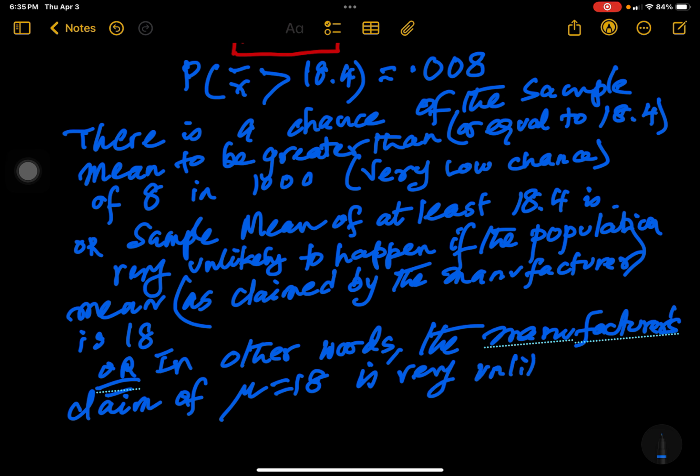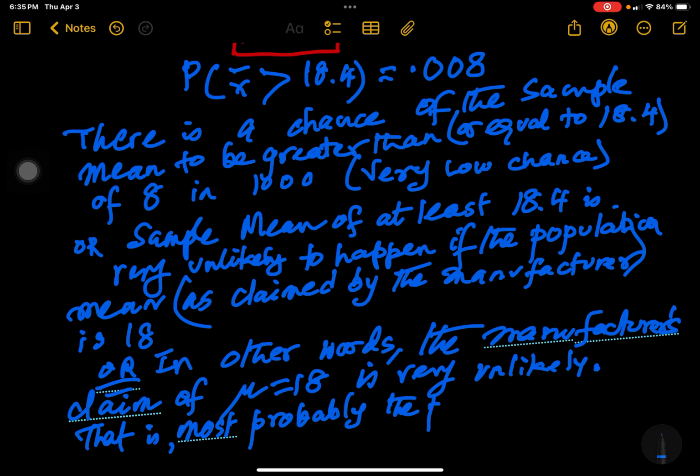Very unlikely. That is most probably the population mean is greater than 18.